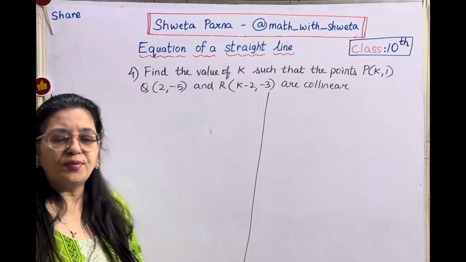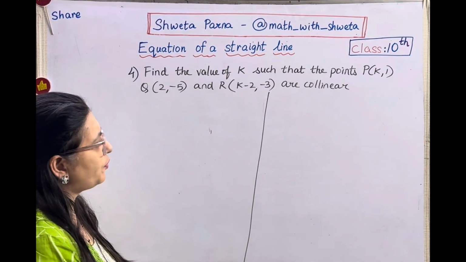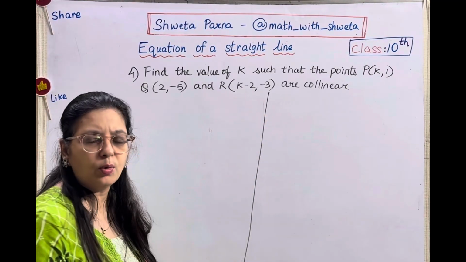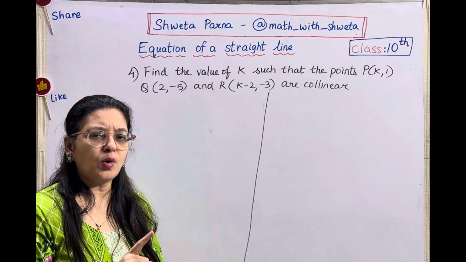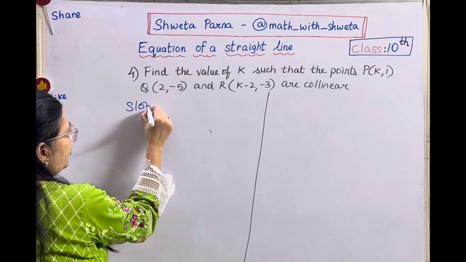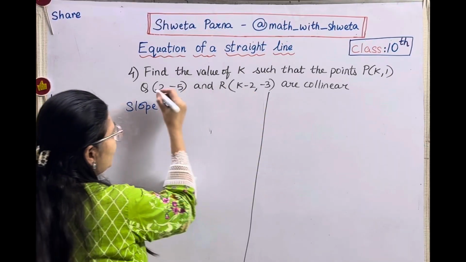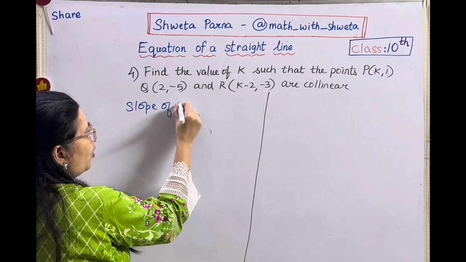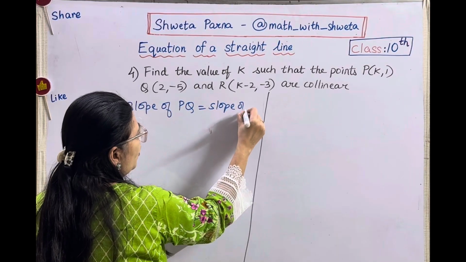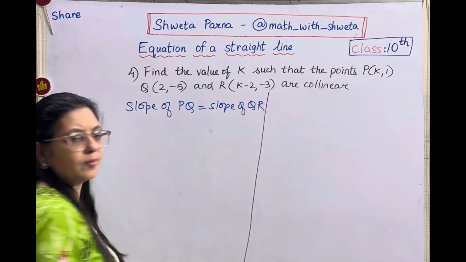Let's do question number 4, children. Find the value of k such that the points P, Q and R are collinear. So what is the condition for collinear? The condition is the slope of the three points P, Q, R. So the slope of PQ should be equal to the slope of QR. Okay.